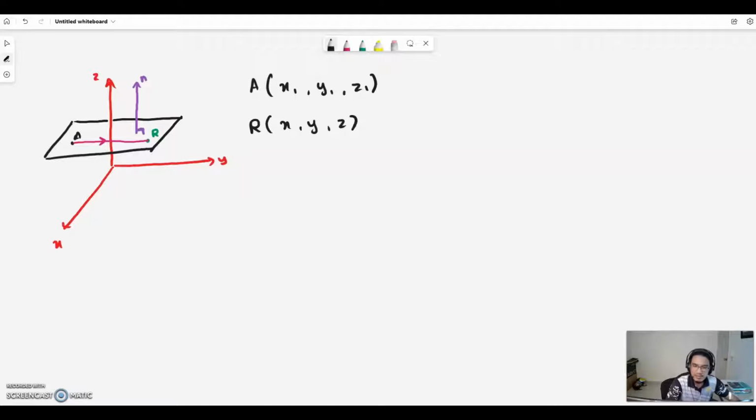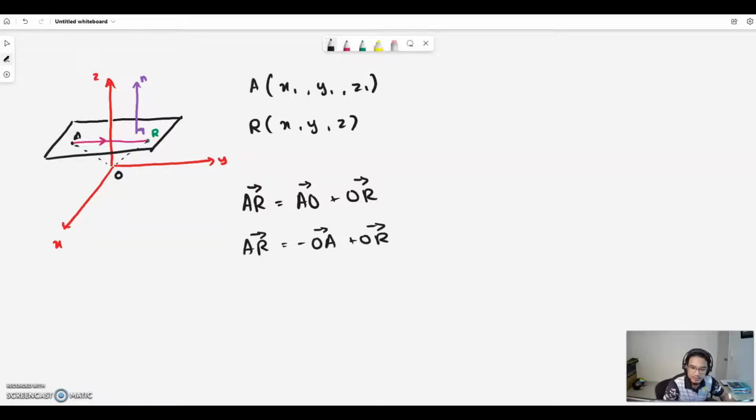So the vector AR will be equal to, from the origin, AO plus OR. But we don't have AO, we only have OA that we can determine from the coordinates of A. So AR is equal to negative OA plus OR.